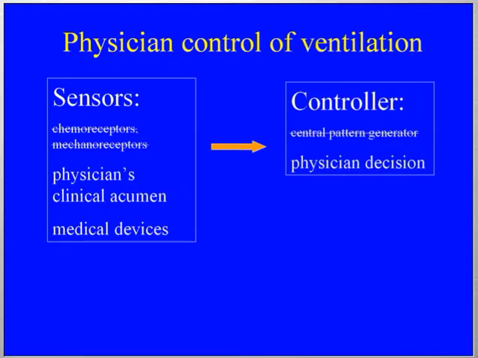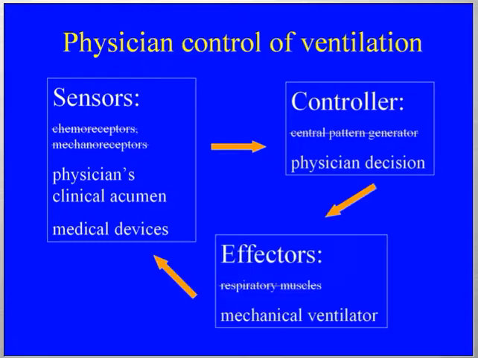So the physician's brain, in a sense, replaces that of the patient. The physician starts making the decisions. And the effectors are now replaced by a mechanical ventilator. So this is a very unnatural situation, but it's the one that usually pertains in the clinic. And it's still automatic control of ventilation. It's just not a very rapidly responding situation. And what we're interested in doing is seeing whether we can make it better by some kind of automated control.